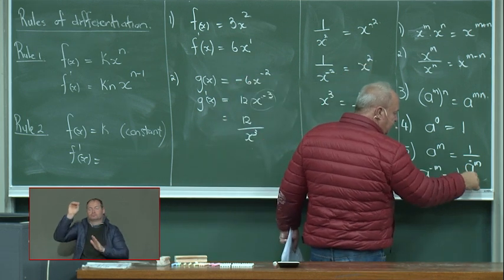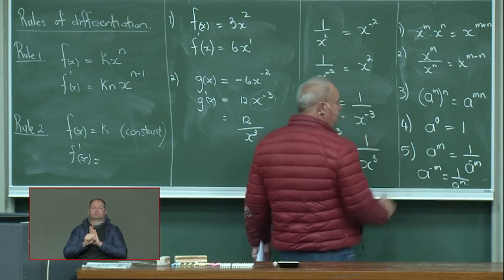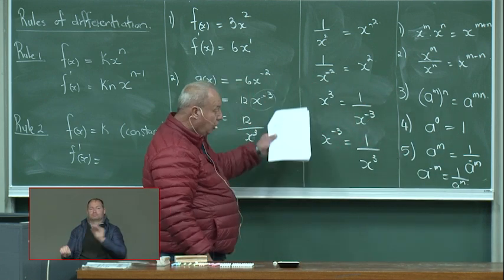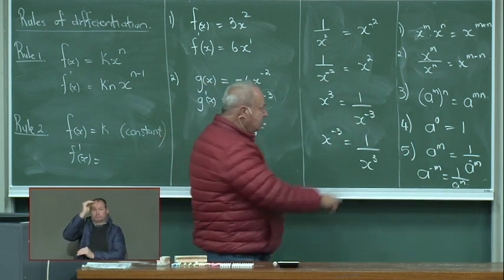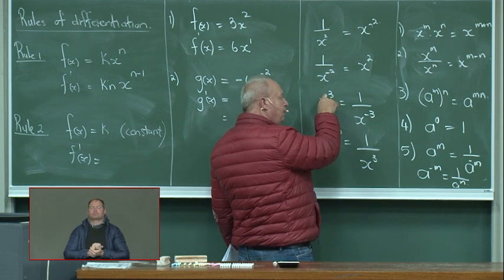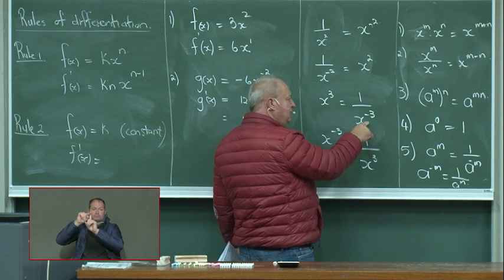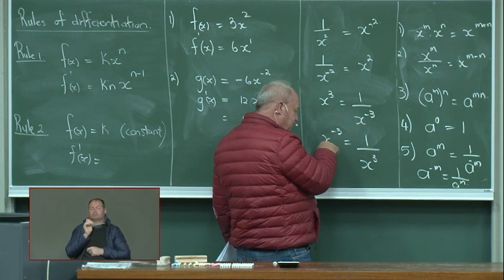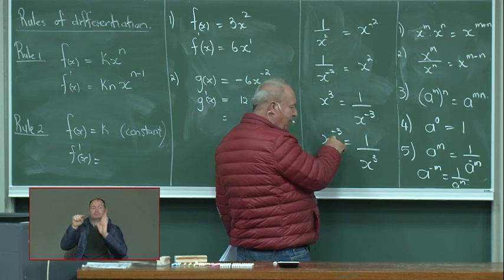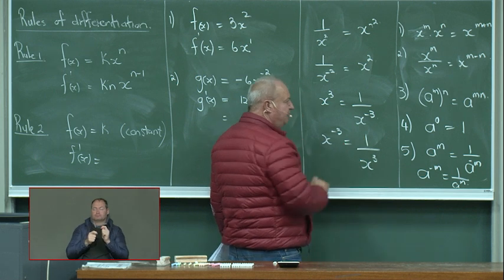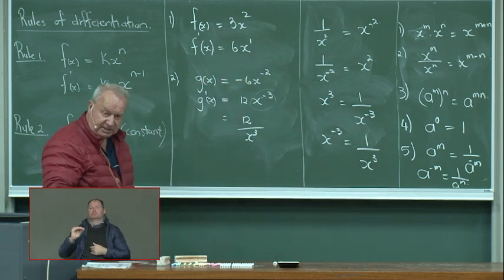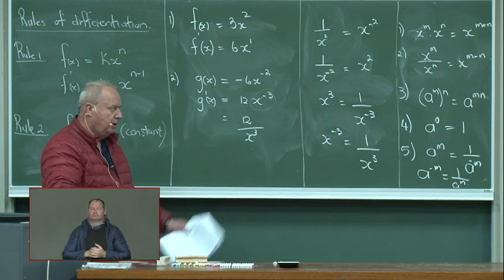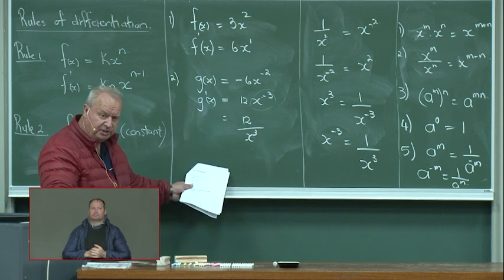If it's positive on top and I want to take it to the denominator, I change the sign of the exponent. If the exponent is negative and I want to make it positive, I take it to the bottom line and I've made it positive. That explains it. Are you happy with this now?